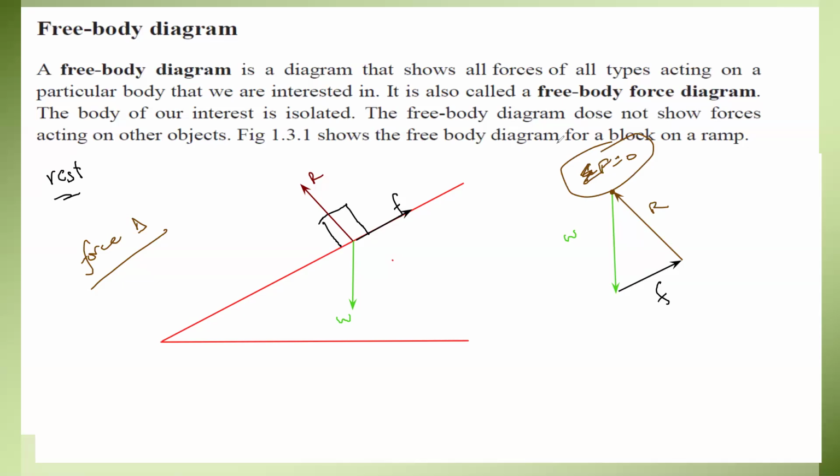And if the resultant force on the object is 0, it means the object can either be at rest if it was a stationary object, or if it was a moving object, it will continue to move at a constant speed. Sometimes you have 3 or more forces, so you join them according to their lengths.